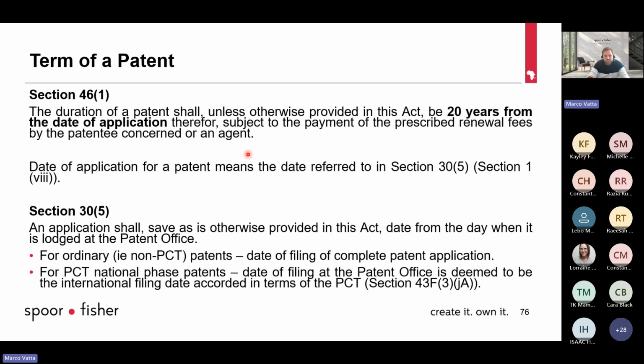For a complete application, it is 20 years from the complete filing date, so the date that the application is submitted to the South African Patent Office, whereas for a national phase application, it is 20 years from the international filing date. So when the PCT international application was filed, the 20-year term runs from that filing date. So it is important to please make that distinction.